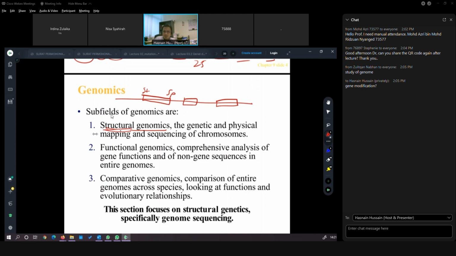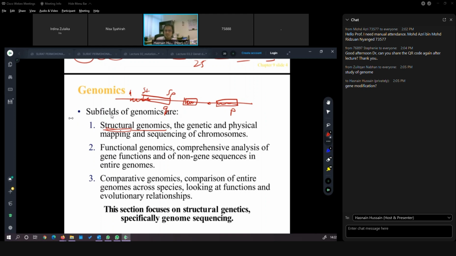You know where on the chromosome each is located, this one on the P arm, this one on the Q arm. That is what is meant by structural genomics: genetic and physical mapping and sequencing of the chromosome. So when you sequence this chromosome, this gene, this area of the gene, that is structural genomics. It is not a molecule.